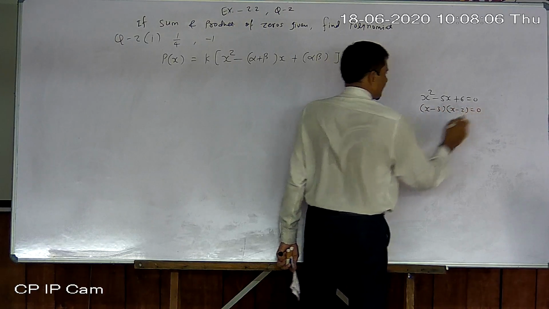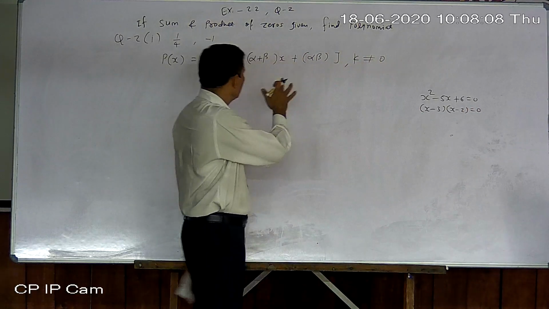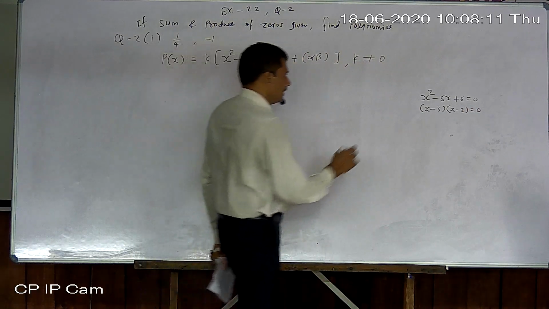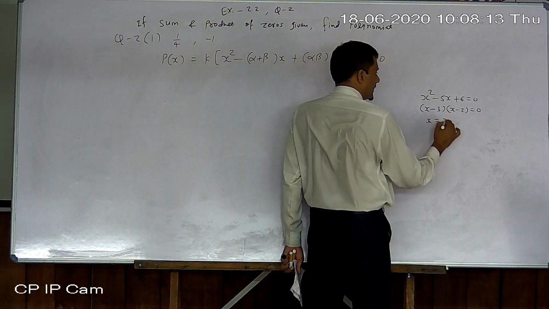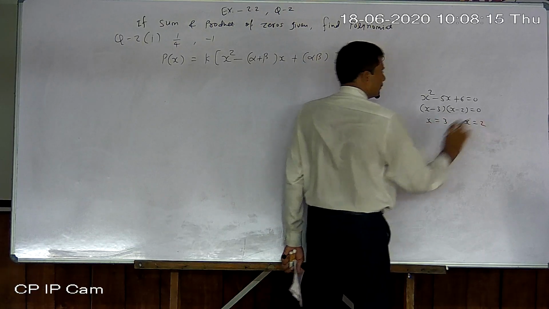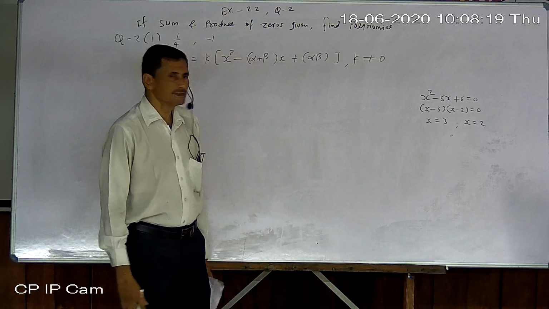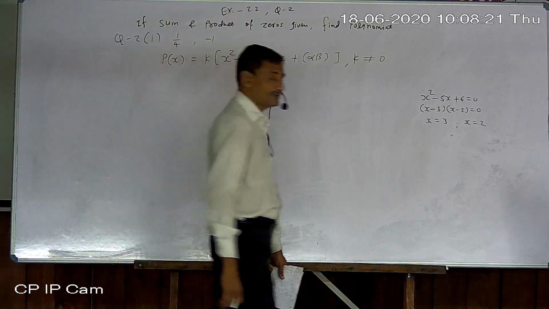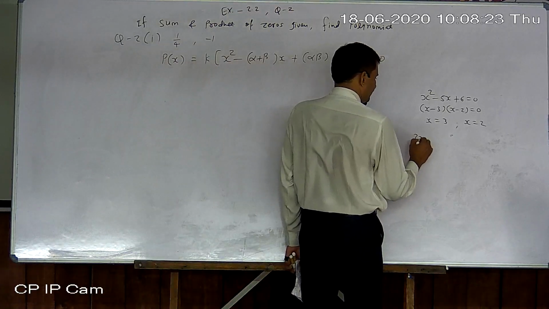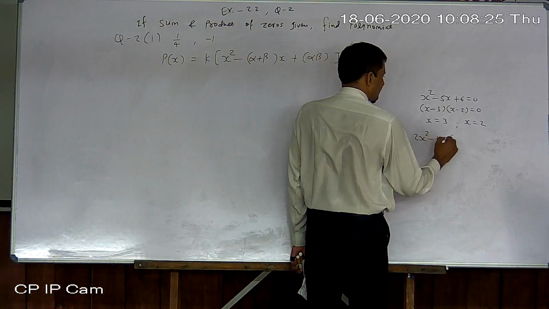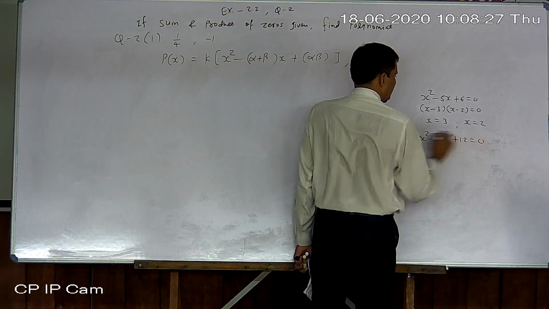I am giving one example only. Then you will get x equal to 3 and x equal to 2. Now instead of this polynomial, suppose you were given 2x square minus 10x plus 12 equal to 0.